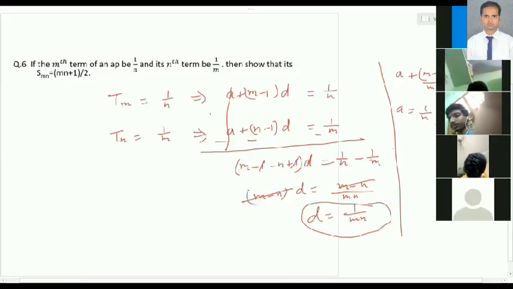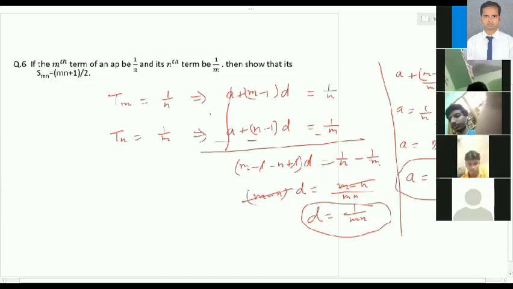Take LCM. Then the m minus m plus 1 cancels out. The a value we are getting is also 1 by mn.